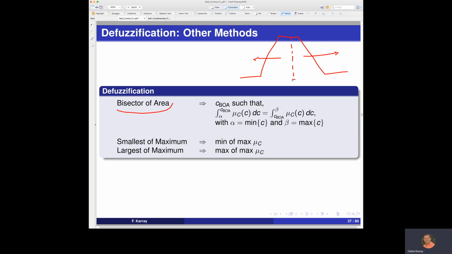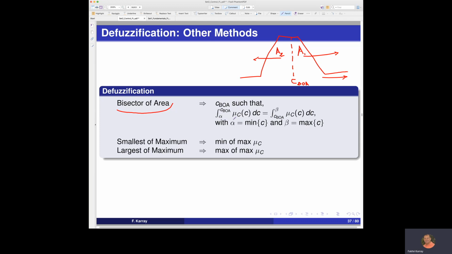So it is the coordinate of the membership function over the universe of discourse of this aggregate function, such that the area from the left of the bisector of area and from the right of the bisector of area are equal. That determines the value of the bisector of area.